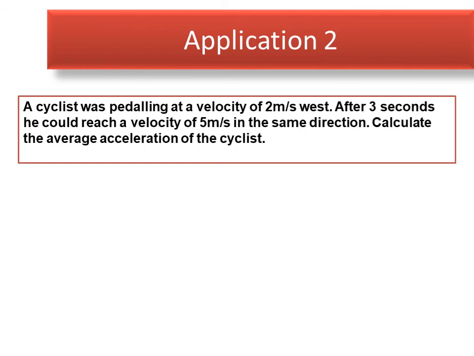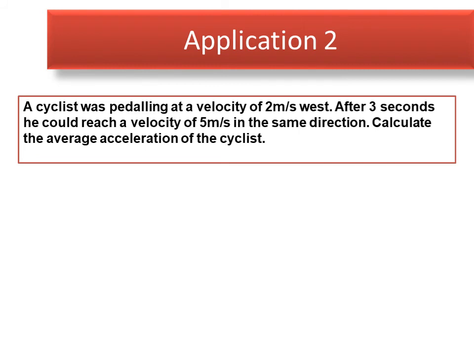So, initial velocity, or V1, is 2 meters per second, V2 is 5 meters per second, and the time is 3 seconds. Which one is greater, initial velocity or final velocity? Final velocity. So do you expect positive acceleration or negative acceleration? Positive acceleration.